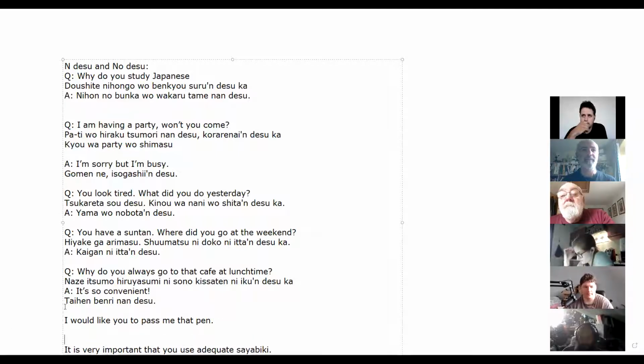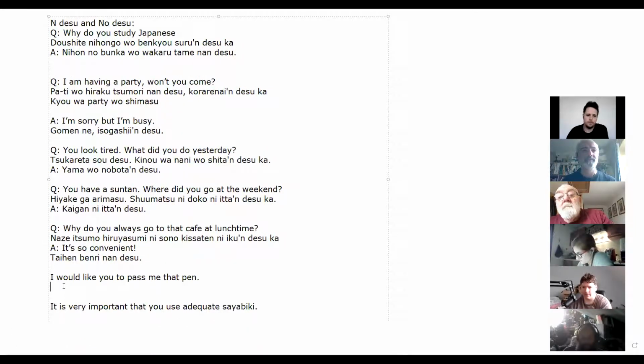Roger to Piotr: I would like you to pass me that pen. Piotr-san. Sono pen. What's pen? Pen. So you've actually said Piotr-san wa, so not sono pen ga.